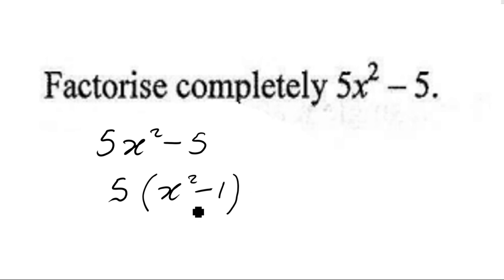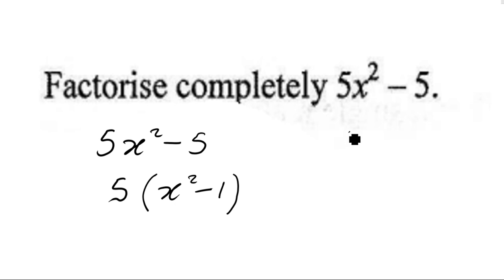Besides being perfect squares, the sign here is minus. So I can factorize this by using what we call the difference of two squares. The word difference comes from minus, and two squares means these are square numbers that have square roots.